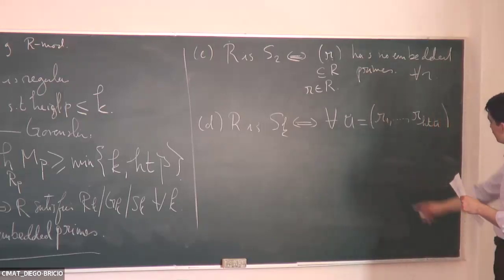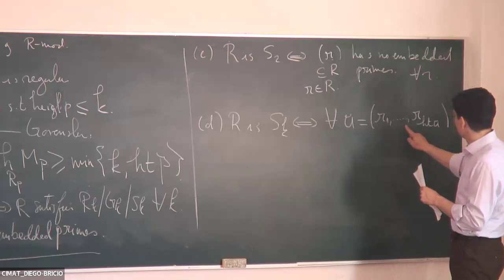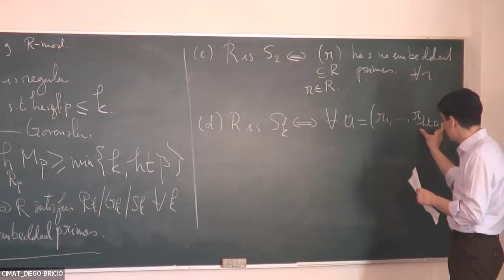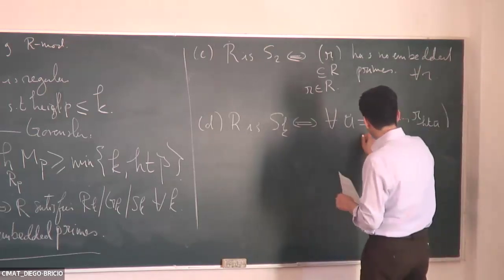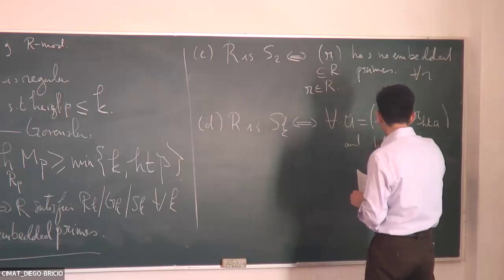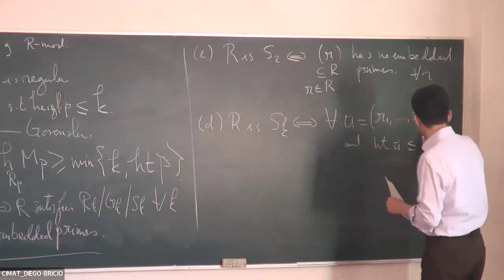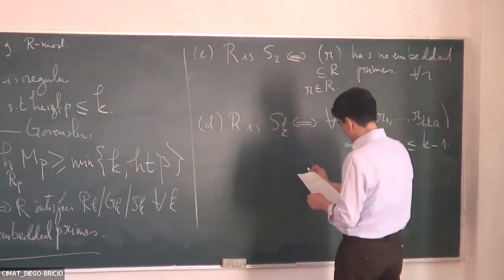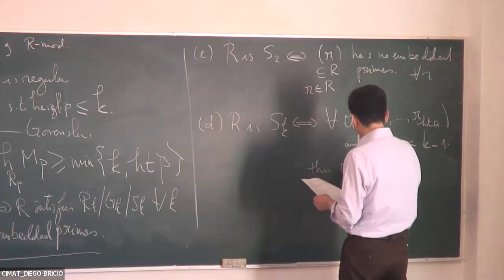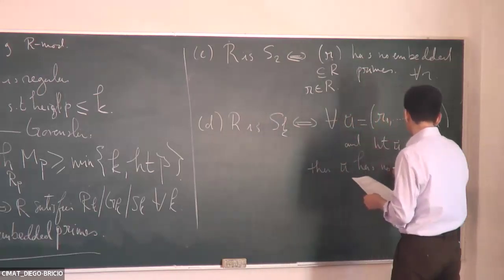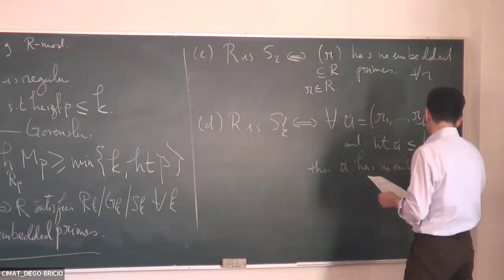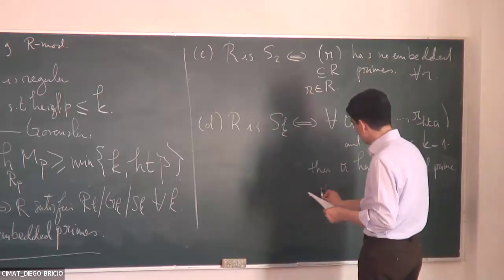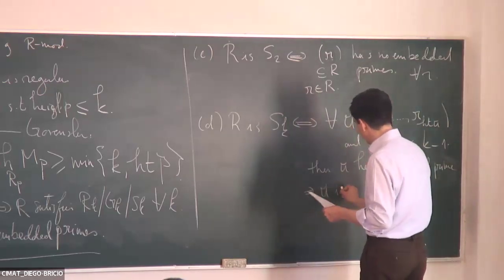For every ideal that is generated by a number of elements that coincides with its height, and this height of A is less than k minus 1, then A has no embedded primes. And this goes by the name to say that A is unmixed. In particular, A is unmixed.